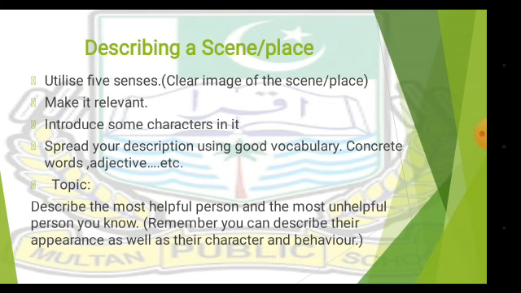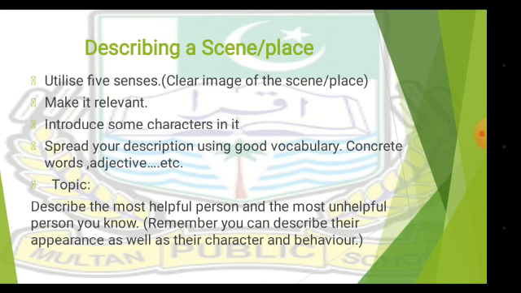When we come on to the description of scene or a place, it is quite very interesting. Utilize 5 senses. You will use your sense of sight, auditory, and you will show the emotions as well, because when you are describing the senses, then you will give the clear image with all the emotions as well.